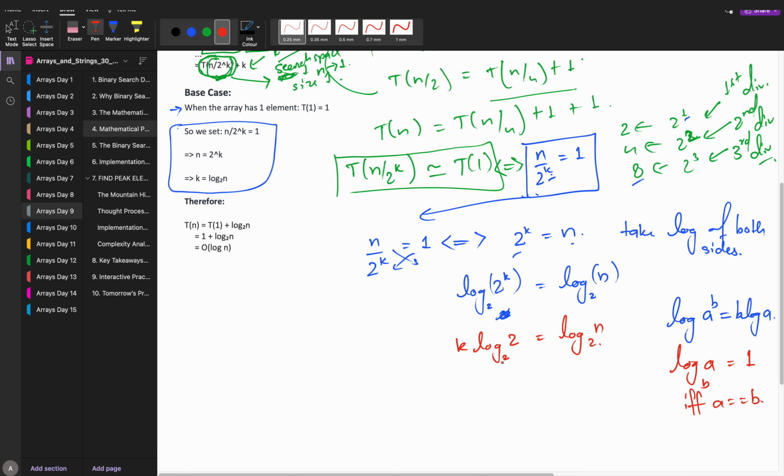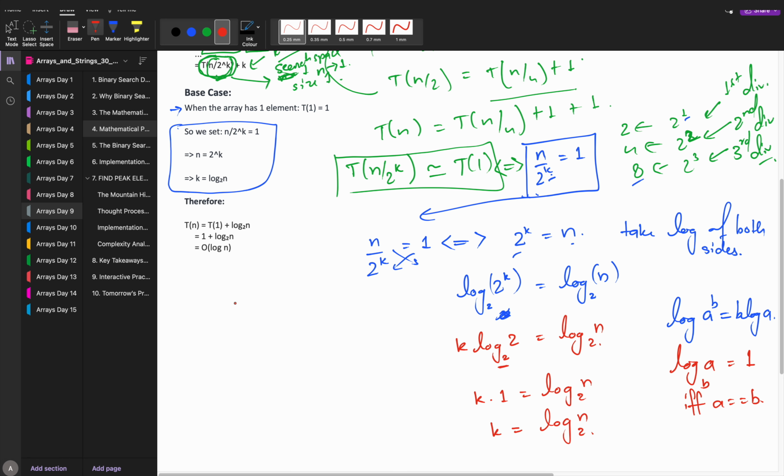Here a and b both are 2, that's why I can write it as 1. So k multiplied by 1 is log of n to the base 2. So can't I write k equals log of n to the base 2? Can I write that? Yes or no? So if I put k equals log of n to the base 2, what will happen then?